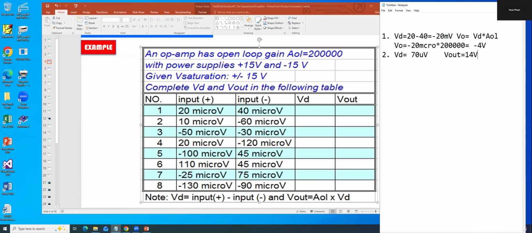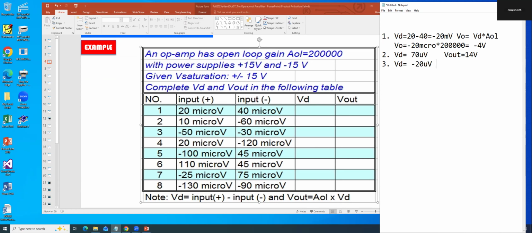Okay? Number 3. VD. You got minus 50 microvolts minus a minus 30. Minus a minus is a plus for the 30. So 30 from 50 is 20, and 50 is a higher number.